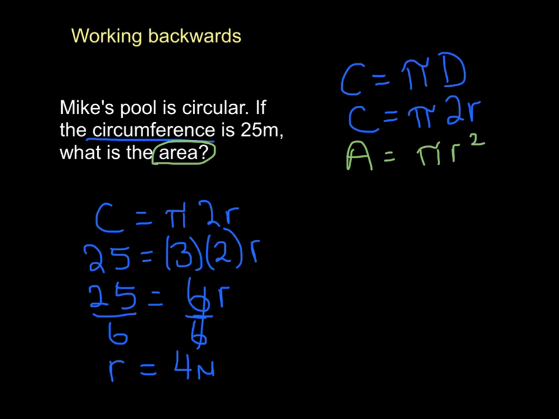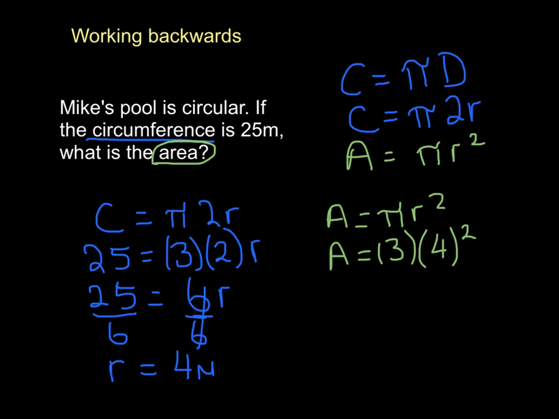So let's see, we want to find the area. We now know our area formula, A equals pi r squared, and we just plug it in. Area equals 3 times r, which we know is 4, and it's squared. This you have to be careful with.